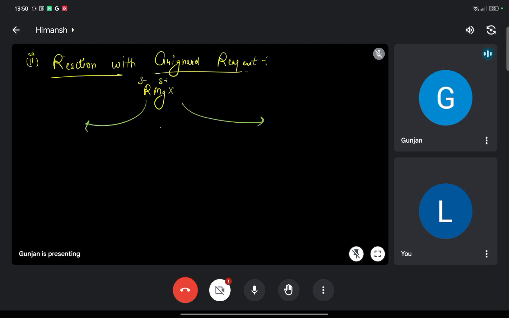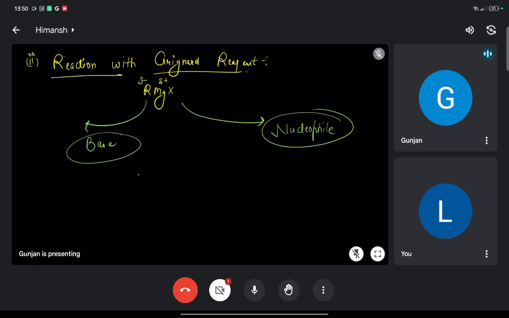Grignard reagent behaves as a base as well as a nucleophile.